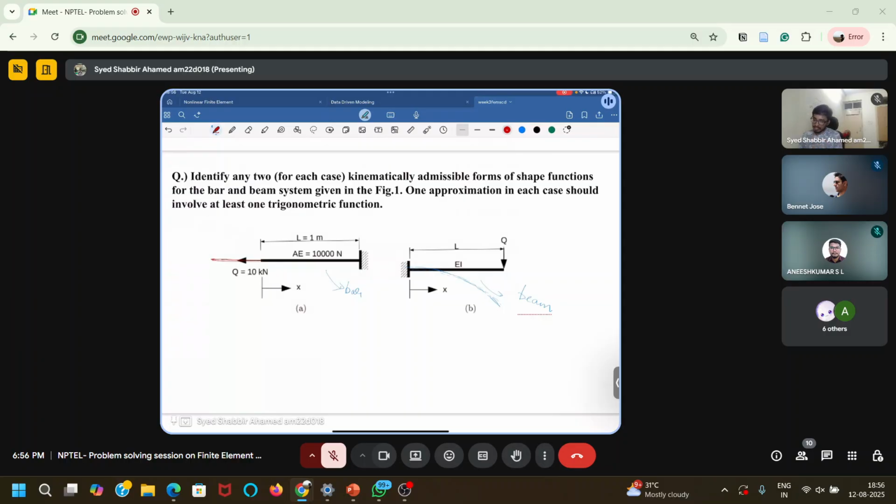The first important thing we should remember is that the assumed solution should be kinematically admissible.